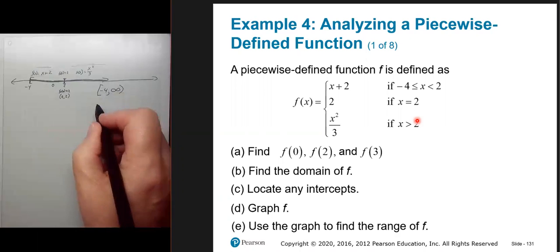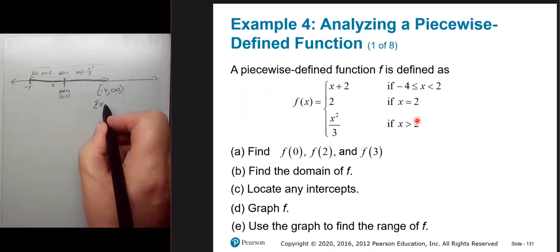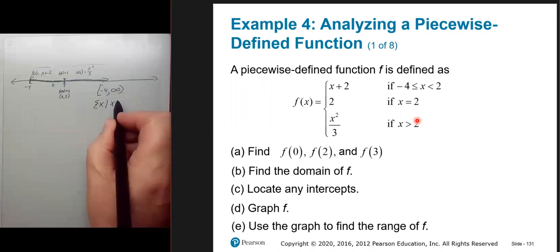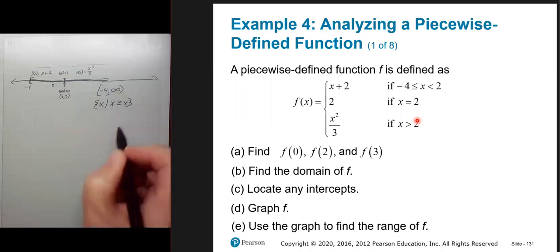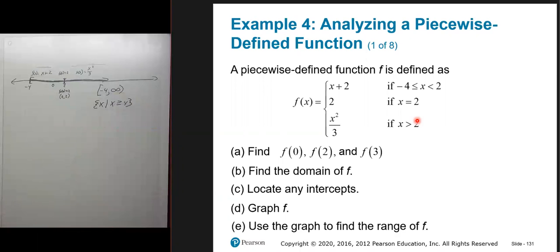Another way of writing this in set builder notation, it's all x such that x is greater than or equal to -4. So the domain doesn't take into account that we have breaks in our function, because the x values are still going to be covered. All of the x values are going to be covered from -4 to infinity, including -4.